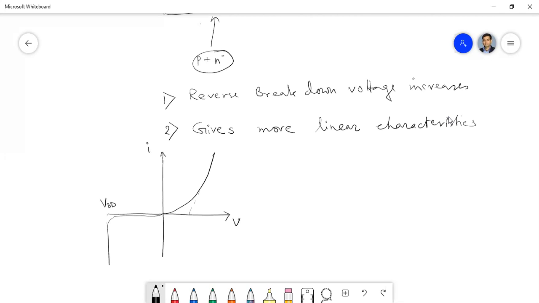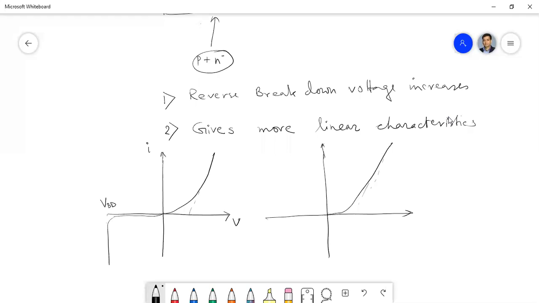Now for the power diode, what we get? We get almost linear characteristics. So let me draw like this. This characteristic is almost linear.